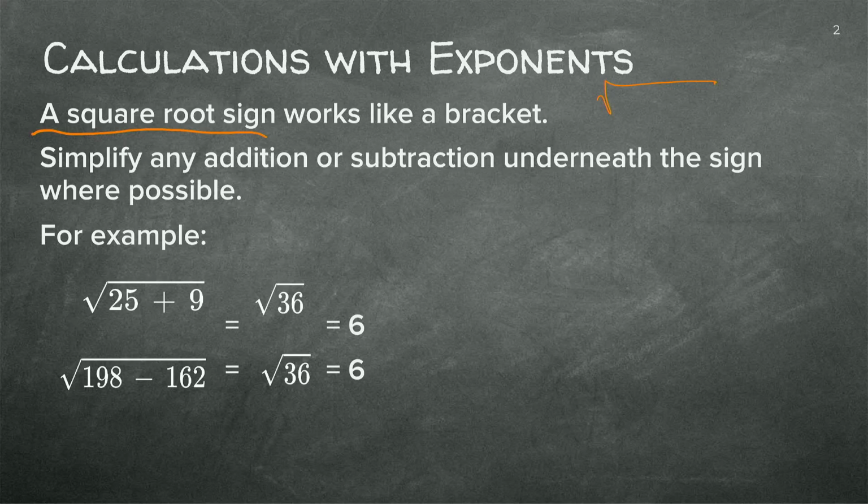For example, there's your square root sign, but under that we've got 25 plus 9. So we're going to add 25 plus 9. We can put the equal there. 25 plus 9 is 36. So that equals 6.